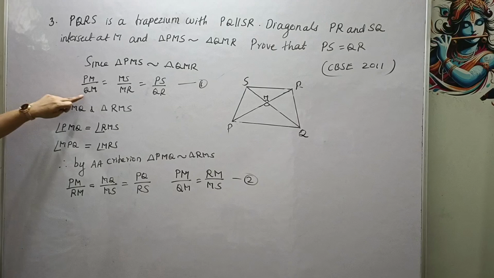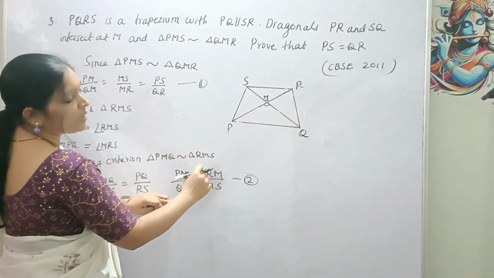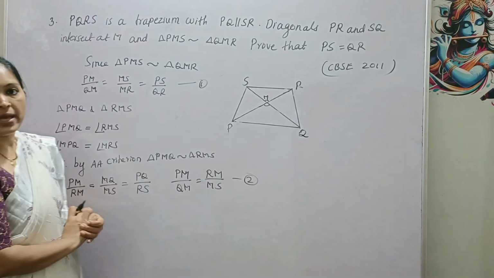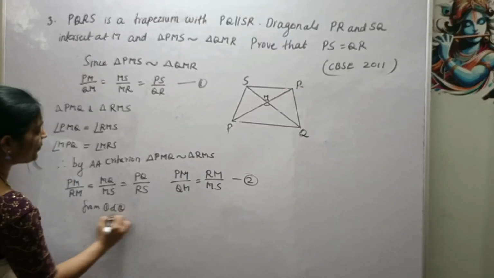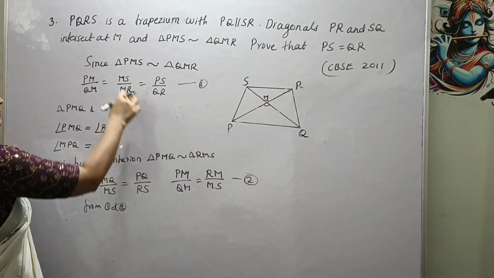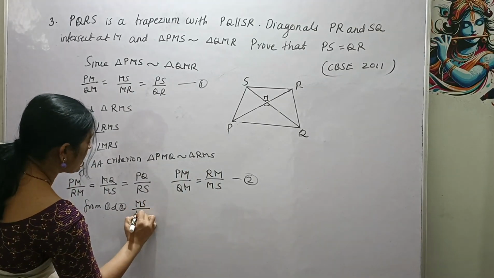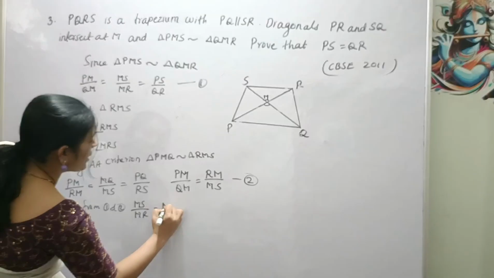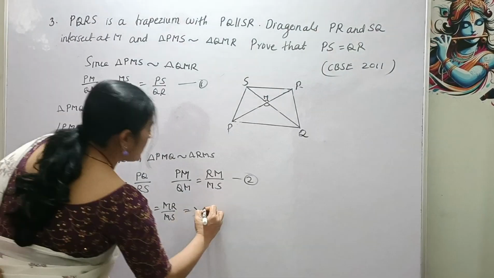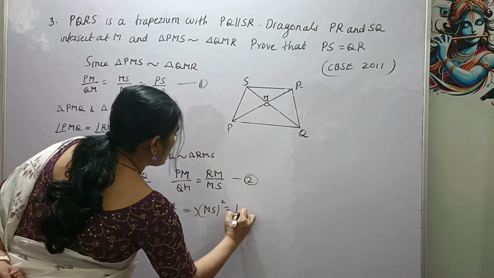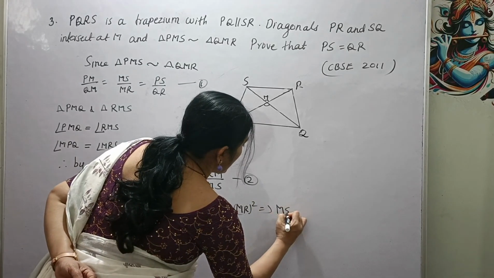PM by QM is equal to MS by MR, and PM by QM is equal to MR divided by MS. So from 1 and 2, these are equal, right? That implies MS by MR is equal to MR by MS. Cross multiply: MS whole square is equal to MR whole square. That implies MS is equal to MR.